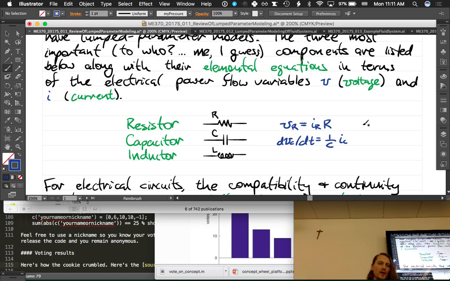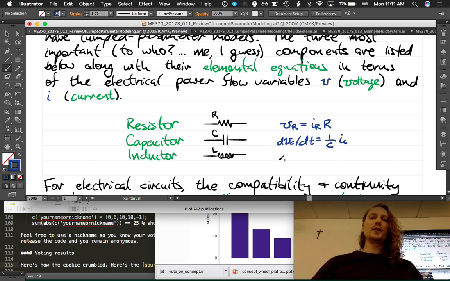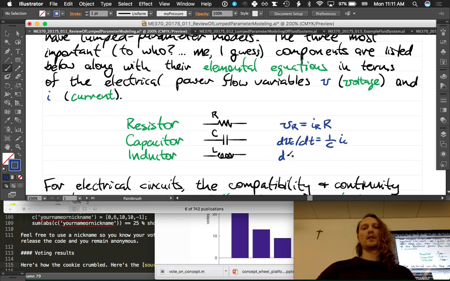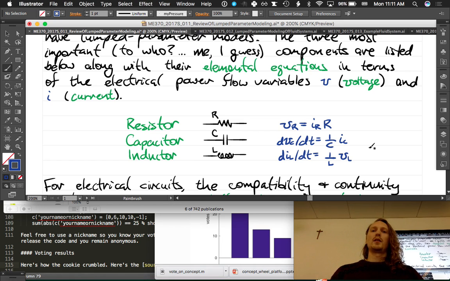Good. And then the inductor, IL, dIL dt equals 1 over L VL. Yep. 1 over L VL. Good. So that's familiar to most of us at least.